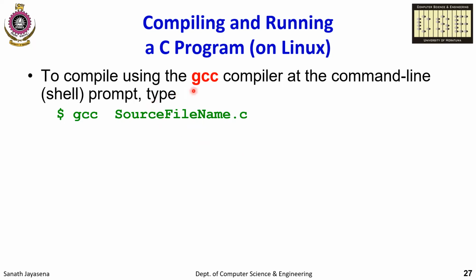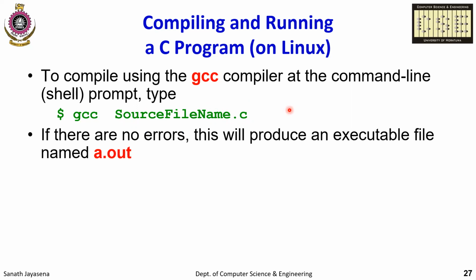Like, for example, to compile, the Linux operating system comes with a free compiler called GCC. It's the GNU C compiler. At the command line, you can type this command GCC space and give the file name. And if there are no syntax errors, it will produce an executable machine code. The default file name is a.out.